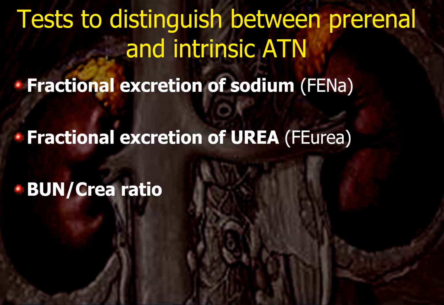These are the tests to distinguish between prerenal and intrinsic acute tubular necrosis. One is the fractional excretion of sodium, or we usually call it FeNa, fractional excretion of urea, FeUrea, or the BUN creatinine ratio.